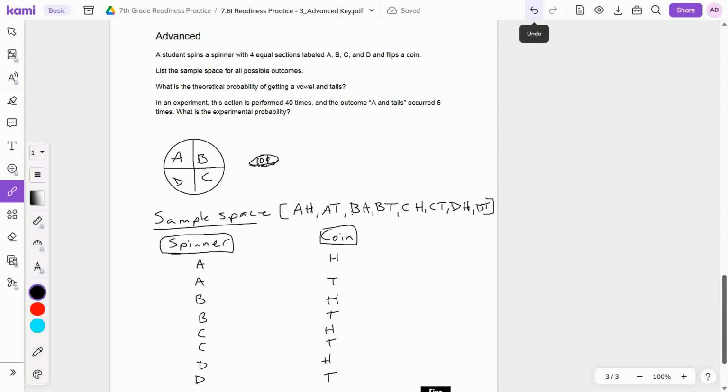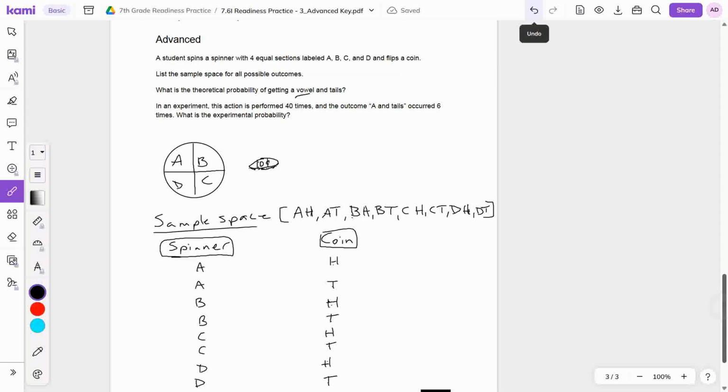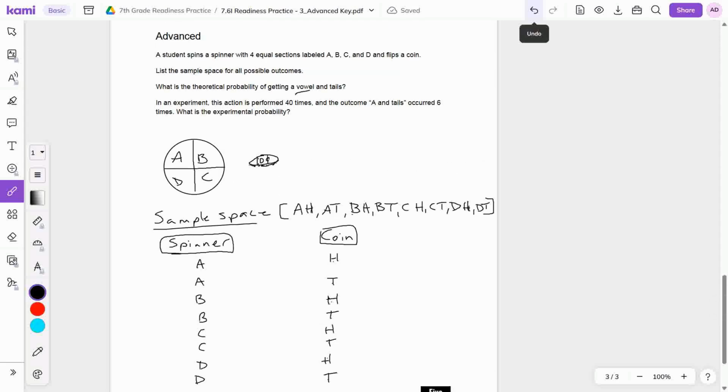What is the theoretical probability of getting a vowel? Oh, a vowel with tails. Well, I'm going to use my table to help me figure out what that is. Obviously, you see I've got 1, 2, 3, 4, 5, 6, 7, 8. Okay, I've got 8 possible choices. And so my theoretical probability is going to be, well, how many vowels are there? I've got A, B, C. I've got 1.